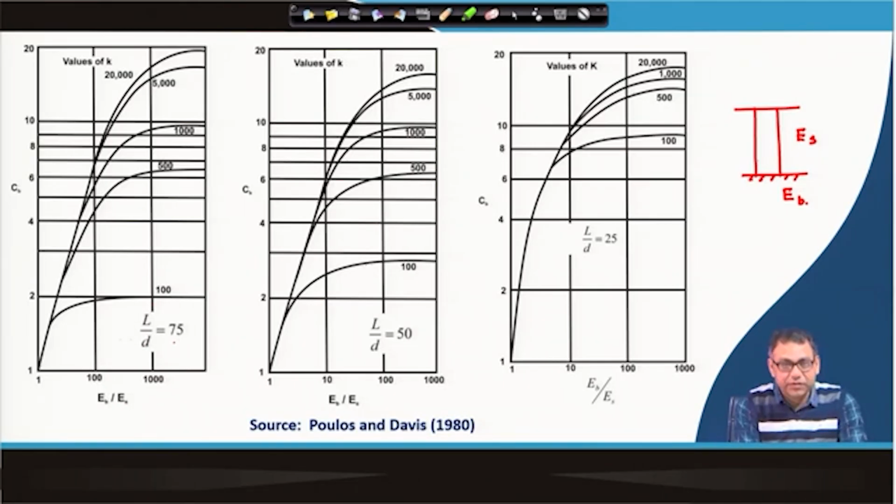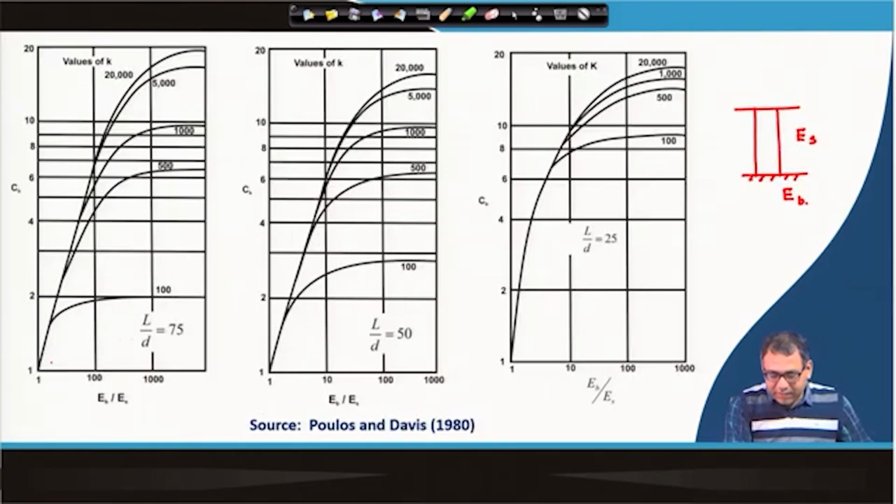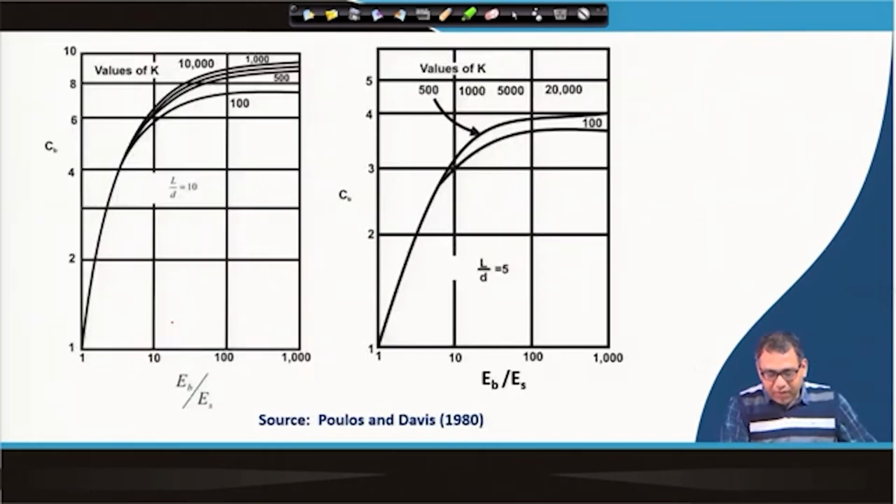This is L by D ratio 75, 50, 25. Then this is 10, this is 5, and this is for different k value. The k value I have already discussed. Then if I know the E b by E s, the L by D ratio and the k value, then I will get the correction factor. So, this way I will get the correction factor for different L by D ratio, from 75 to 5.